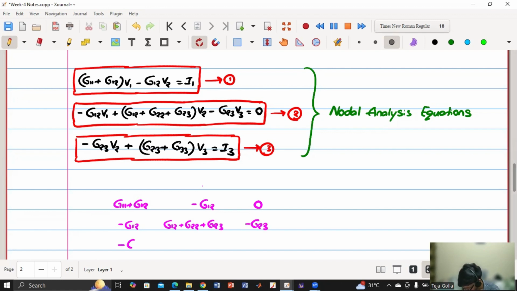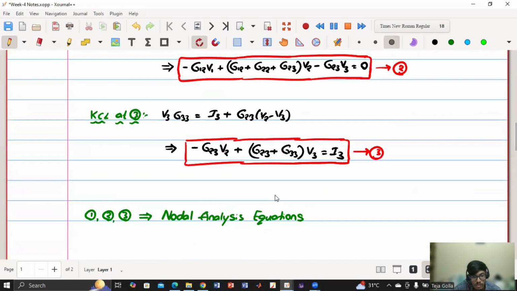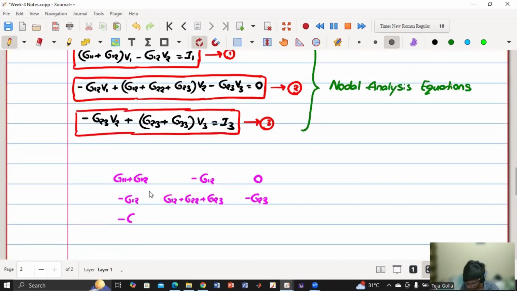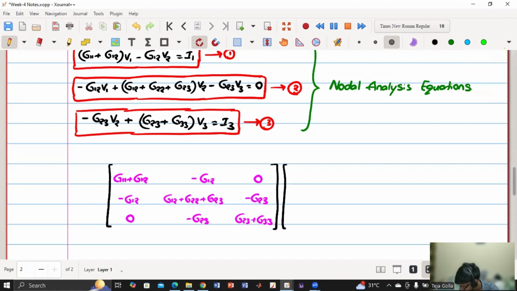Then for the third, the V1 coefficient should be 0, then the V2 coefficient, then the V3 coefficient, G23 plus G33, multiplied by V1, V2, V3, is equal to I1, 0 and I3.